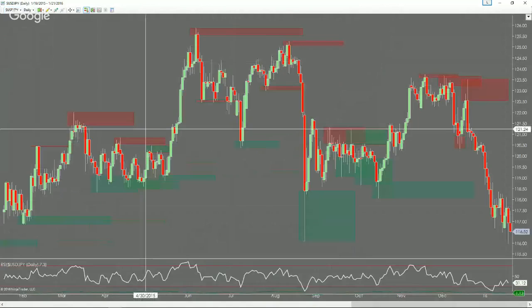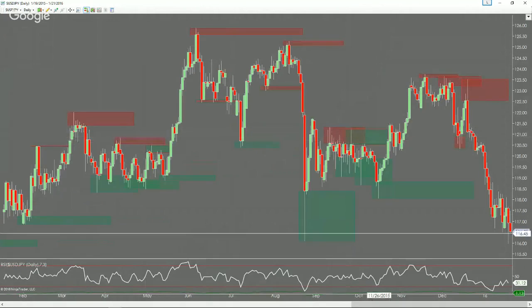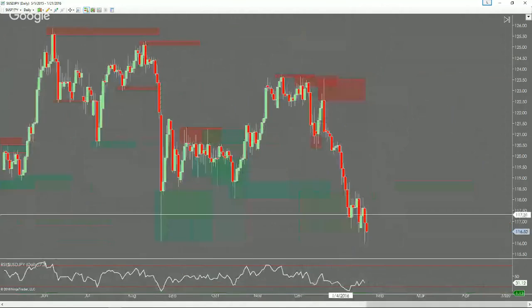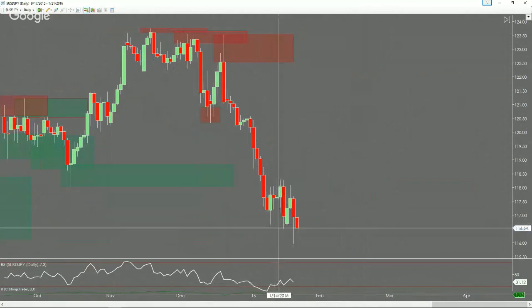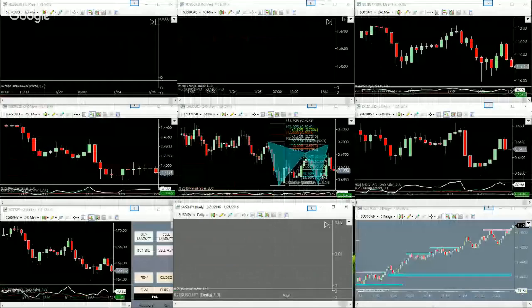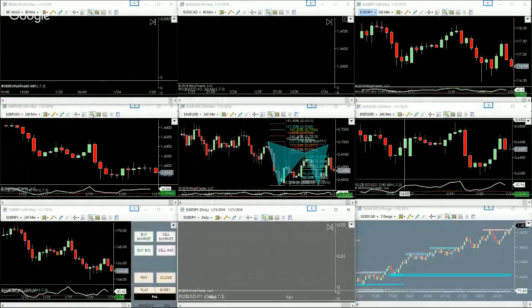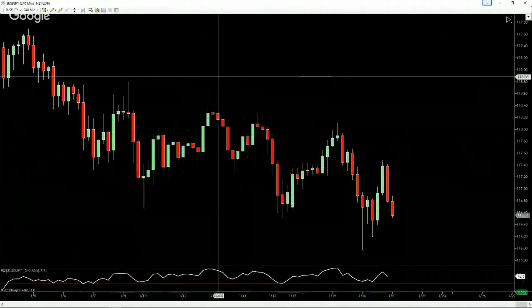Dollar yen. All right, dollar yen, we're still at that support level right there. We still have not gotten any lower closes in here, so it's looking like that's forming some sort of good structure level.